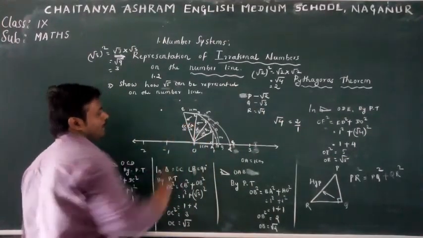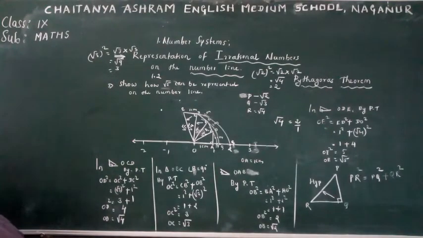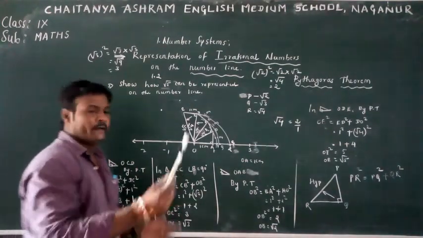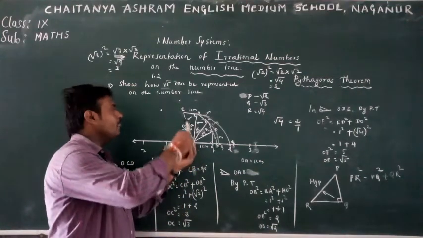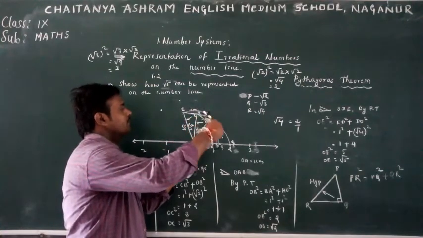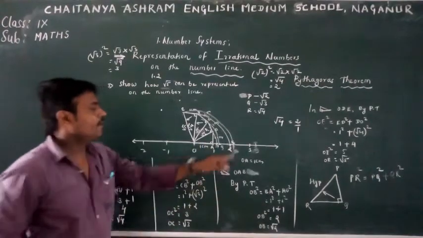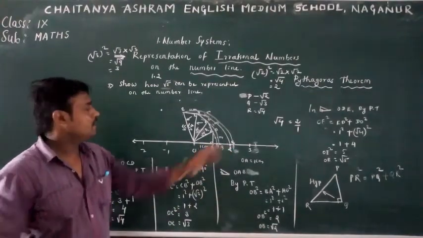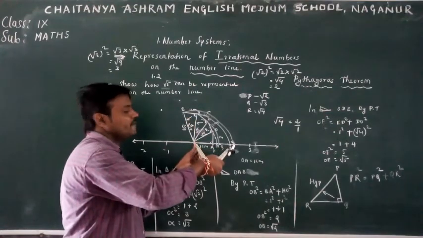Root 5. Again, with the help of a compass, with O as the center and OE as the radius, draw one more arc. Here it intersects the number line. So dear children, this length is the same as this length.